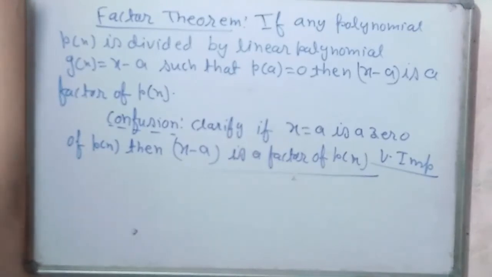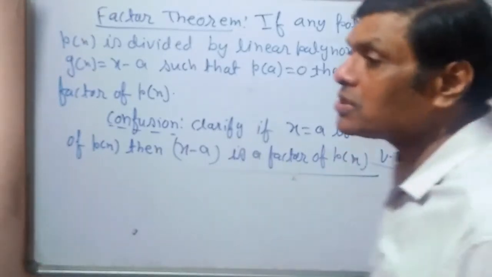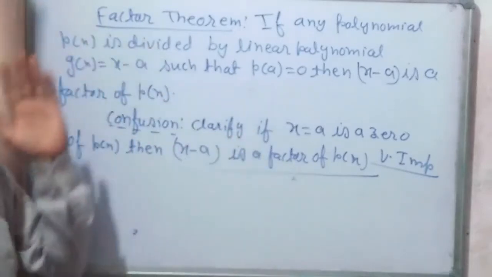Whatever value of the variable is a zero of any polynomial, that value subtracted from the variable, that is x minus 0, will be a factor of the polynomial, right? So actually the basic thing is zeros and factors are related in this manner.